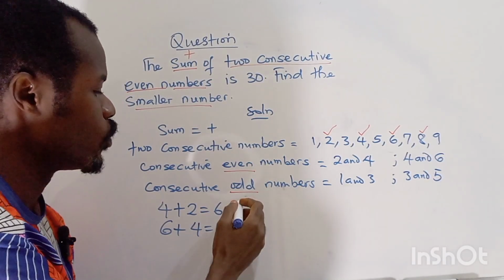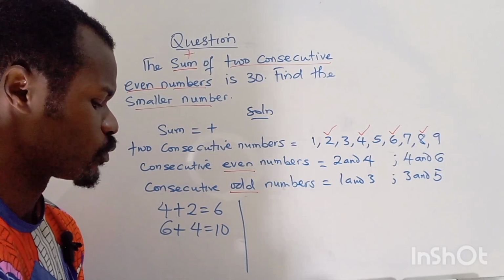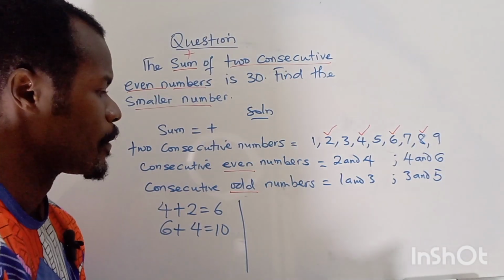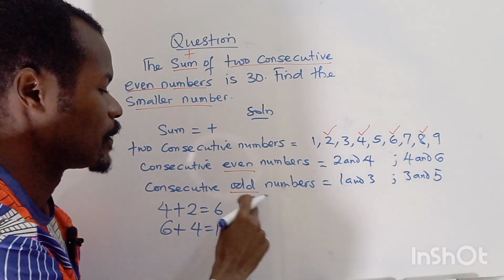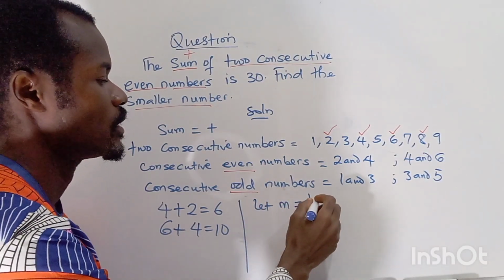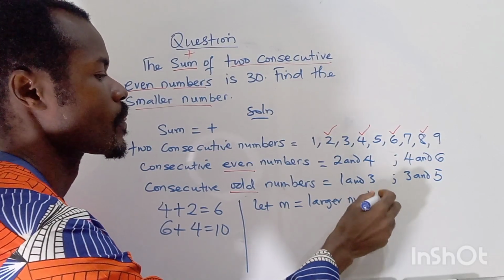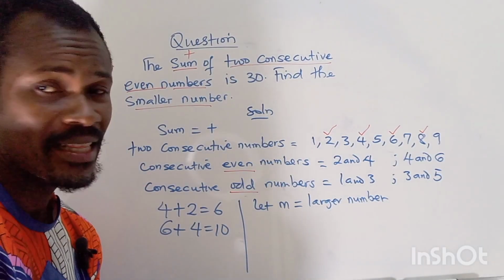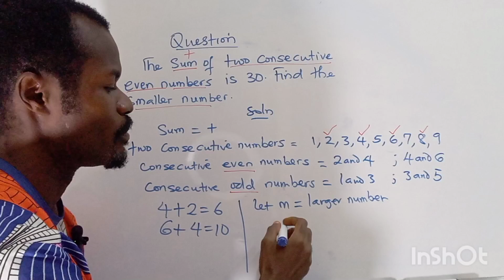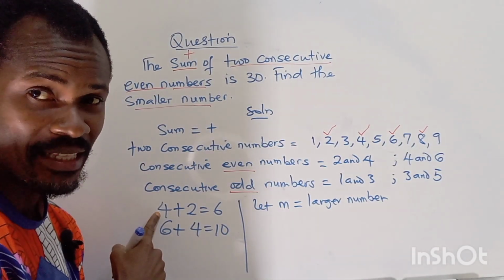So if we want to start with the larger number, I'm going to say let n be equal to the larger number. If n is the larger number, what is the smaller number going to be? If you observe, this is 4, the larger number.